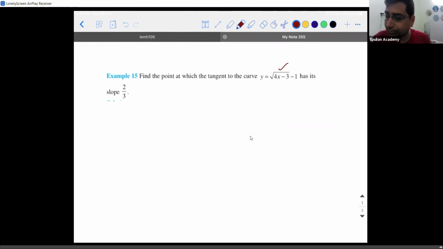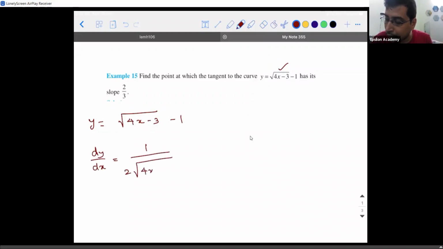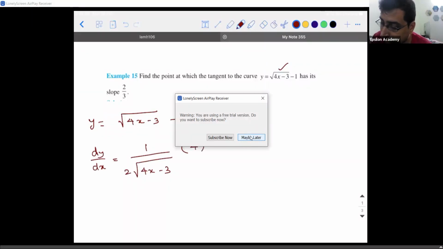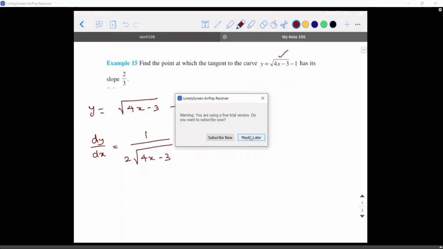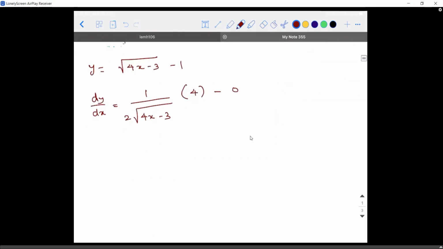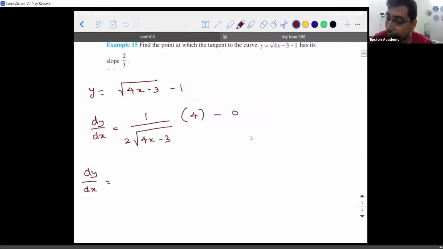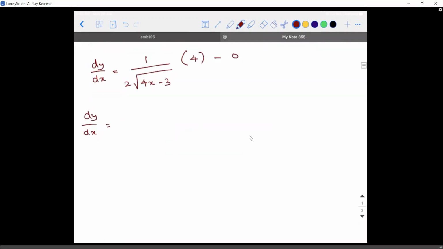As simple as that. y is equal to root of 4x minus 3, minus 1. So what is dy by dx equal to? 1 by 2 root of 4x minus 3, into the derivative of 4x minus 3, which is 4, minus 0. Right? So dy by dx is how much? 2 by root of 4x minus 3.